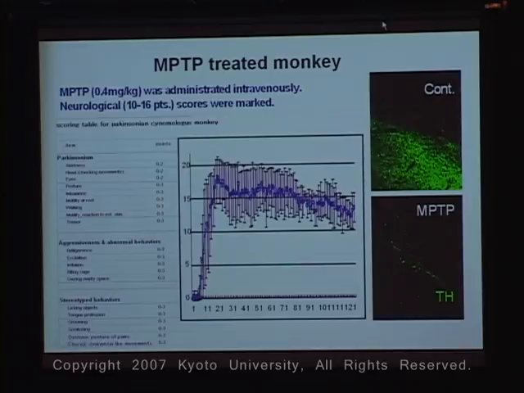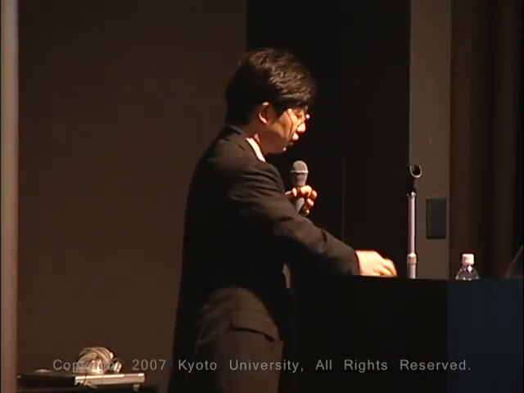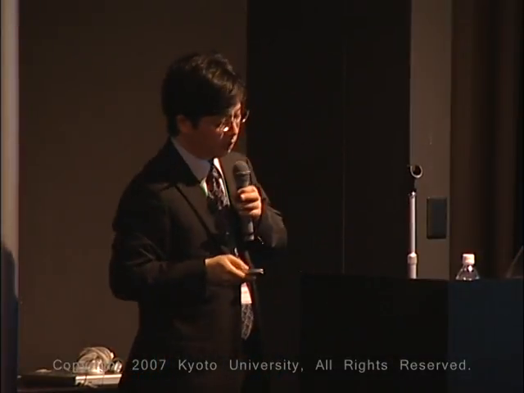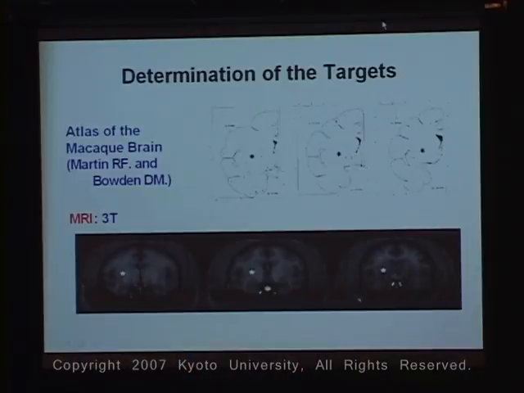At that point, immunofluorescence study shows that the number of dopaminergic neuron terminals in the striatum is much decreased in the MPTP treated monkey. This is the normal control monkey. And for each monkey, we took a picture of the MR imaging and performed transplantation stereotactically.